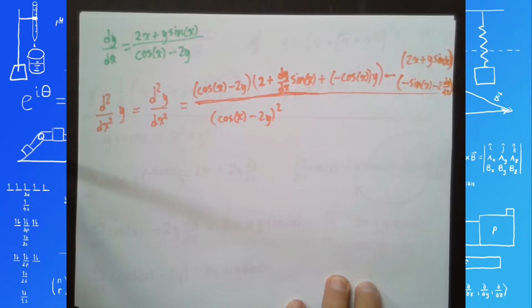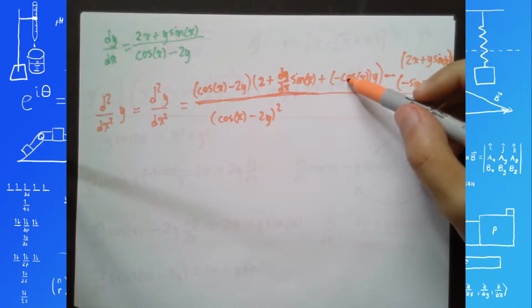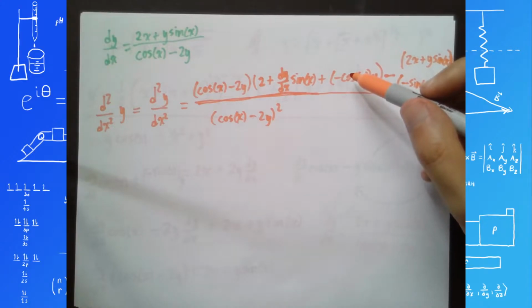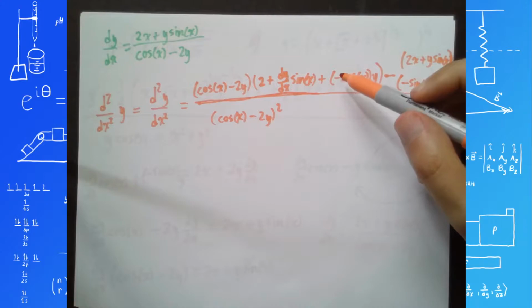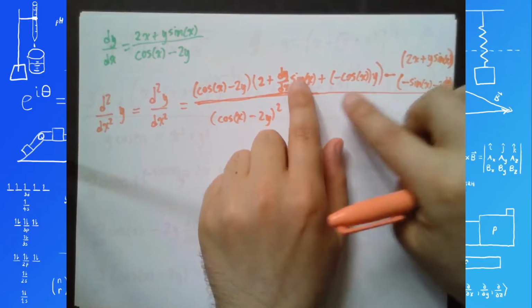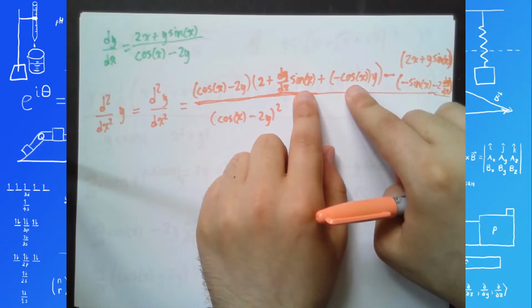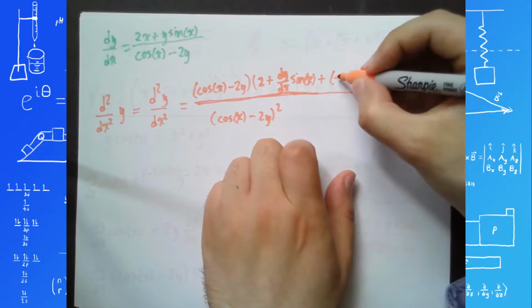And yeah, I should have planned better and written smaller or something. But let me go back to this. So this was the derivative of the top. Specifically, this part right here was a product rule for y sine of x. Derivative of sine of x is positive cosine of x.